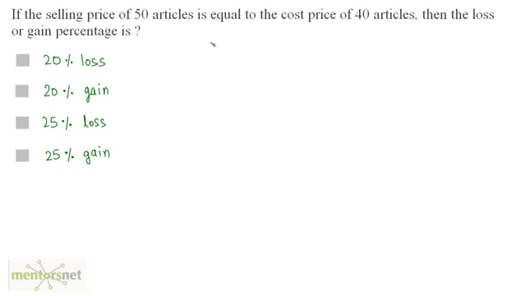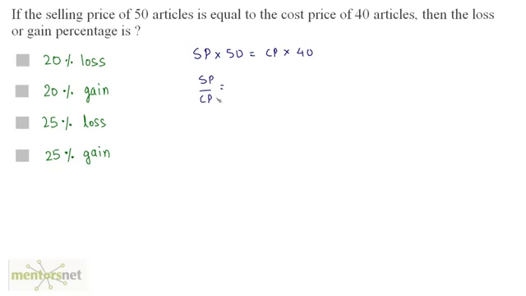If the selling price of 50 articles is equal to the cost of 40 articles, then the loss or gain percentage is? Well, we have been given that selling price of 50 articles is equal to the cost price of 40 articles. So I can write selling price of 50 is equal to cost price of 40.